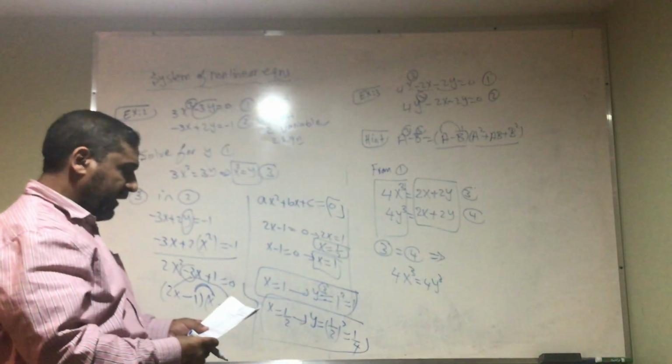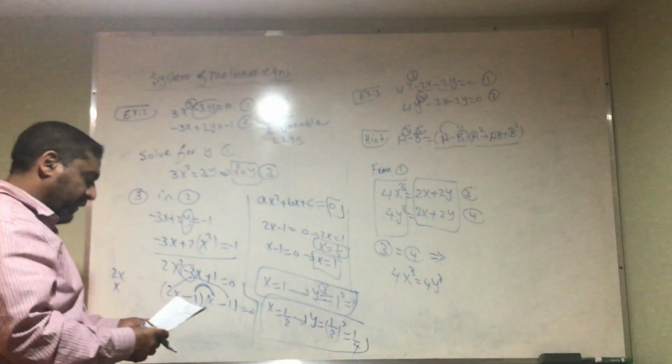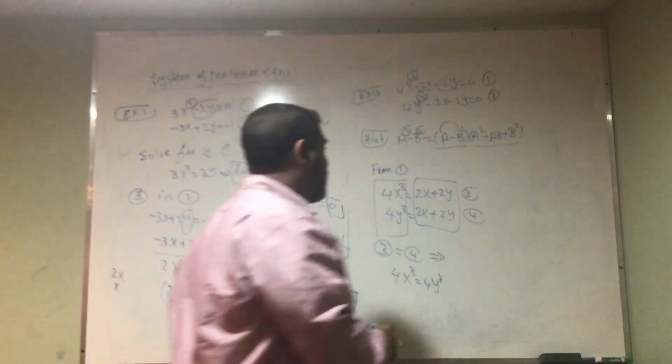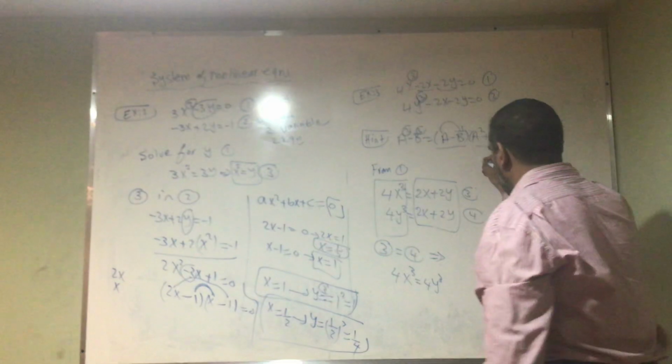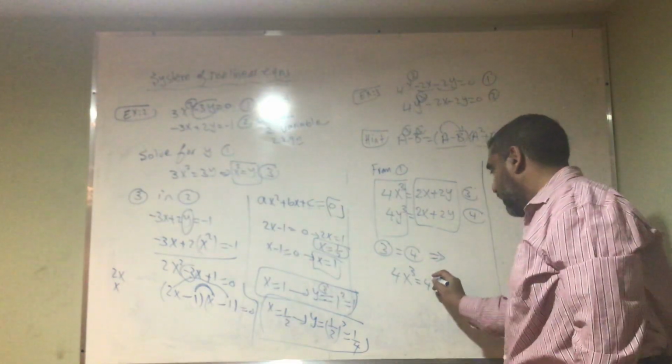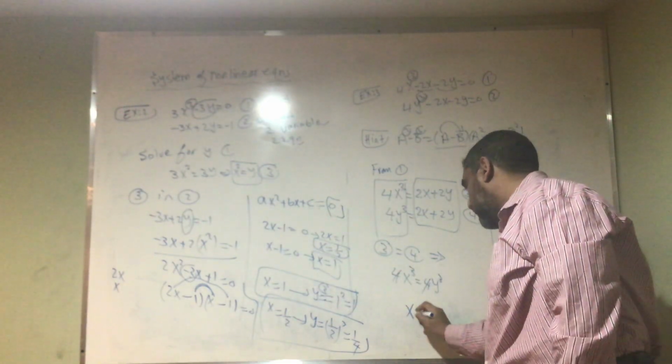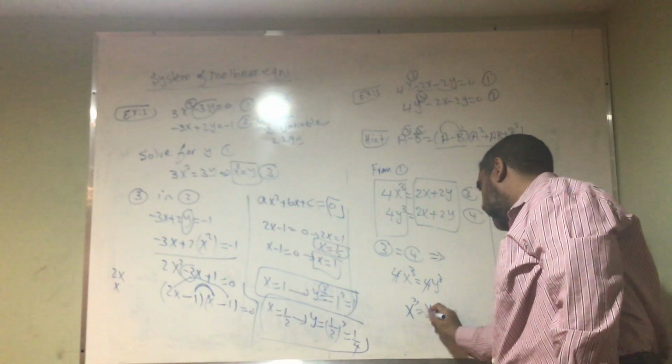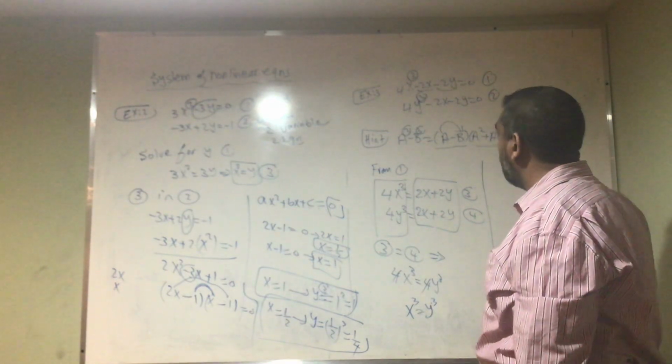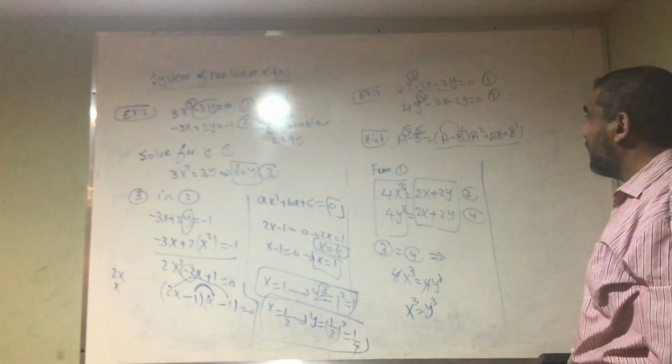So now what I have here is that I need to solve this one. What is the conclusion here, guys? The 4 cancels 4. So I got x cubed equal y cubed. Everyone see that, guys?